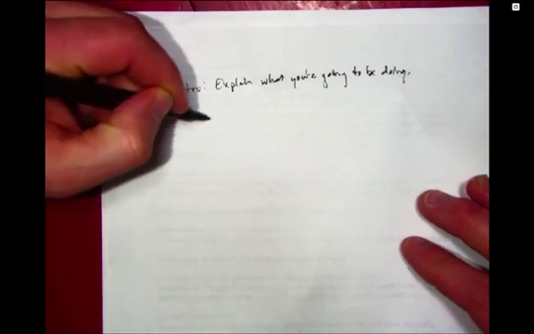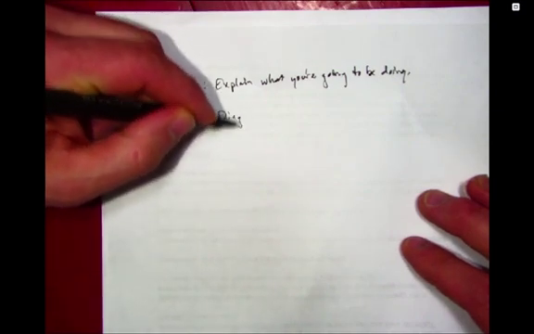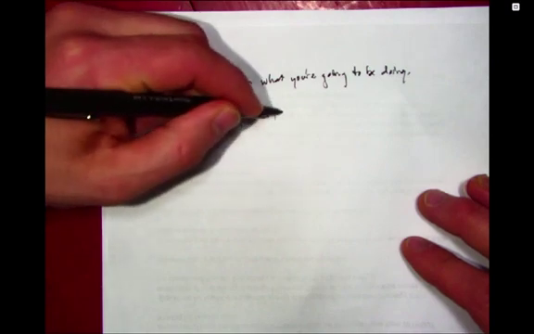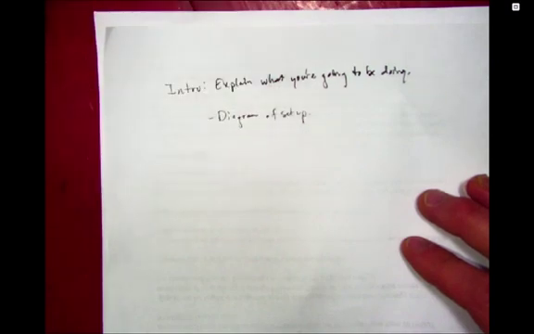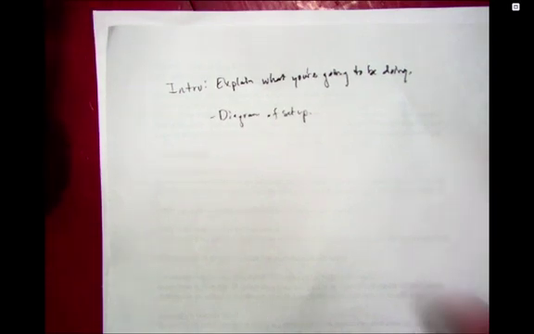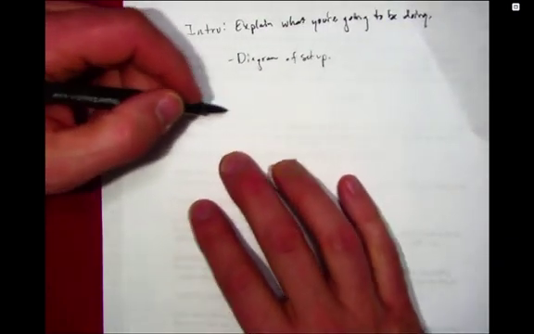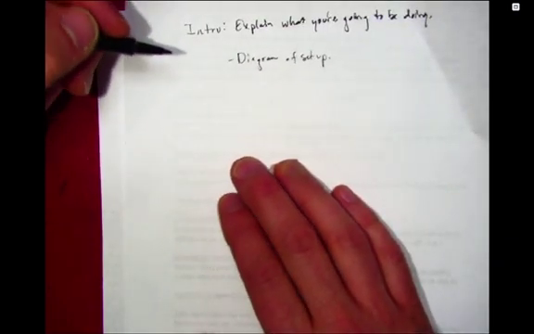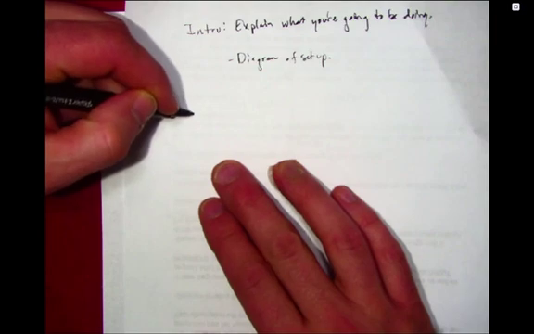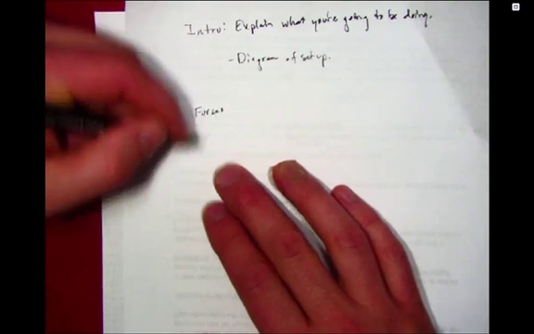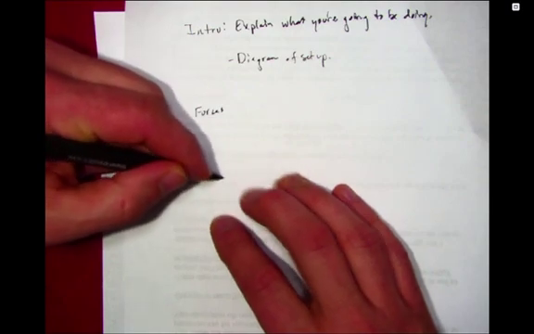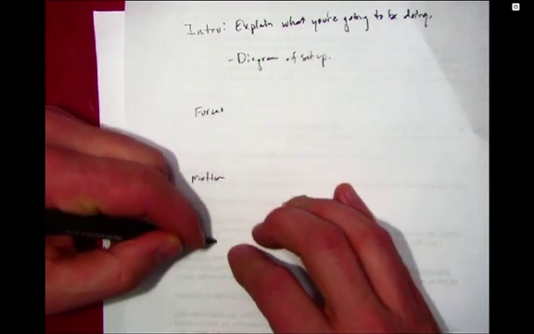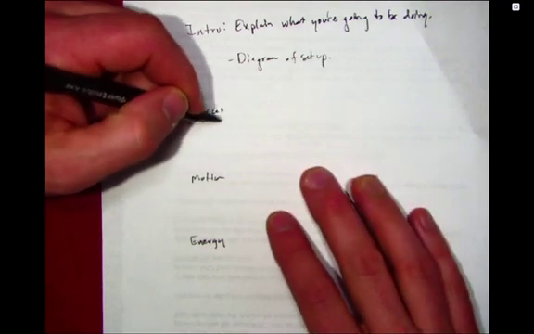I would recommend a diagram of the setup. And those are not free body diagrams. It's just a diagram kind of like this one here. Then you've got 3 paragraphs really that you need to write about. You need to write about the forces, the motion, and the energy, and you need to do that for each phase.